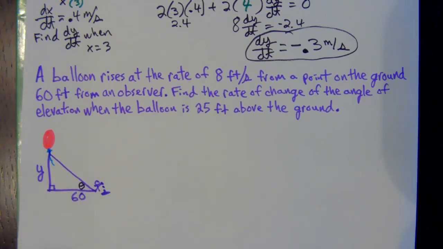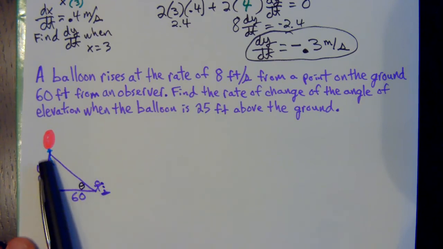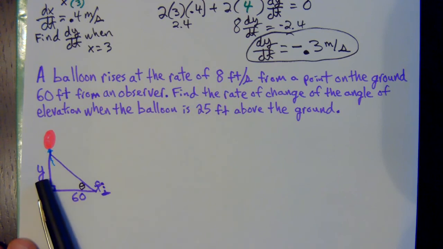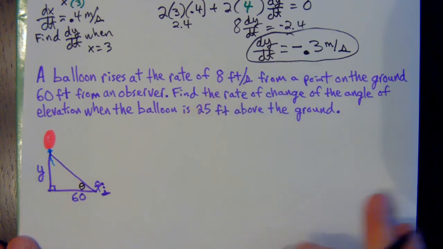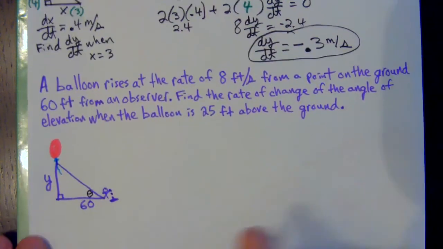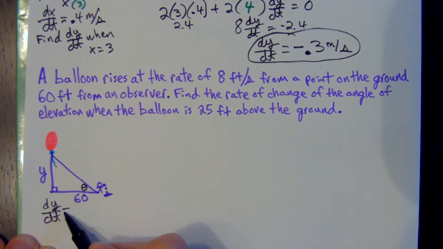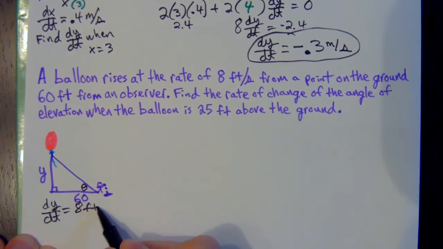So let's translate these words into symbols. That's changing, and then how fast it's changing. They're telling us how fast that y is changing is 8 feet per second. So what we are given is that dy/dt is 8 feet per second.